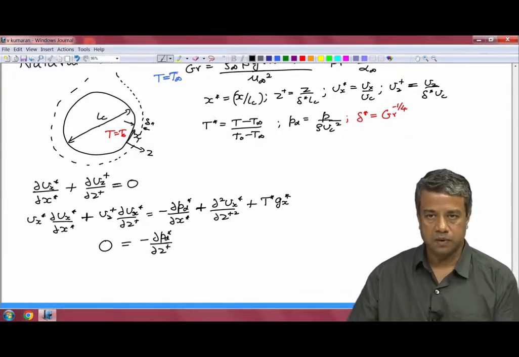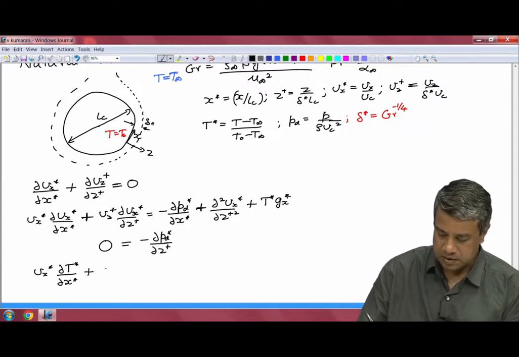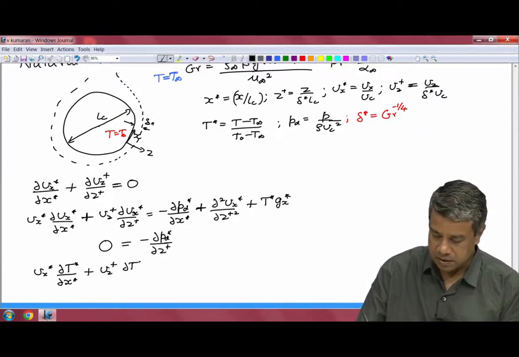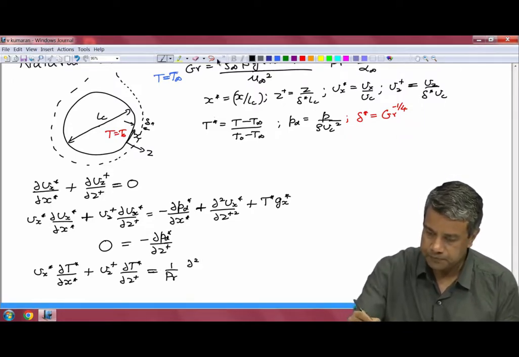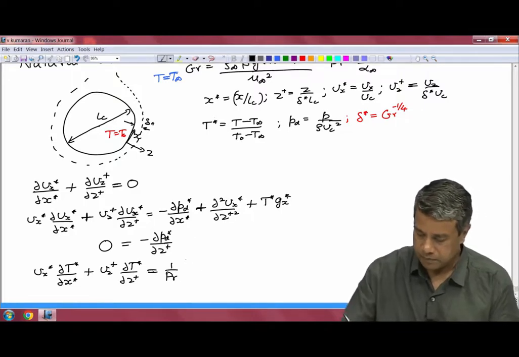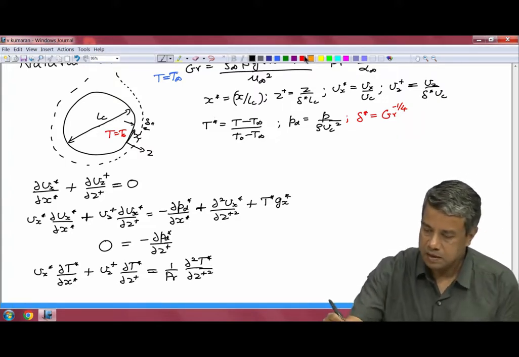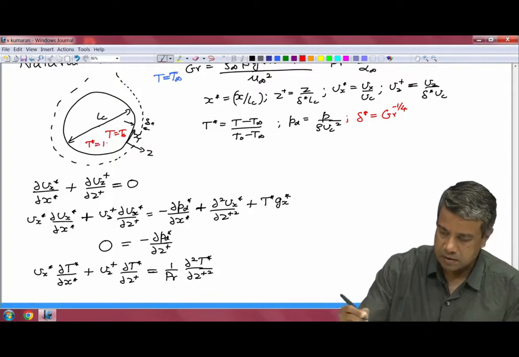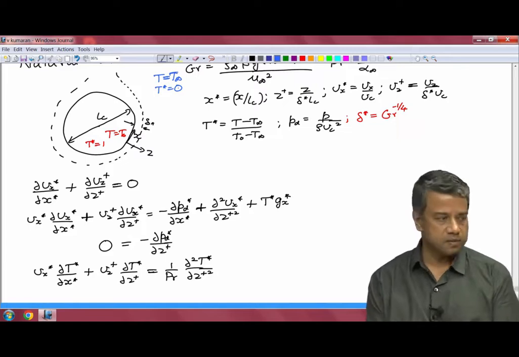That was what it reduced to. And the energy conservation equation was Vx star partial T by partial x plus Vz star partial T by partial z is equal to 1 by Prandtl number times the second derivative with respect to z. The boundary conditions are T star equal to 1 on the surface in scaled coordinates and T star equal to 0 far away.